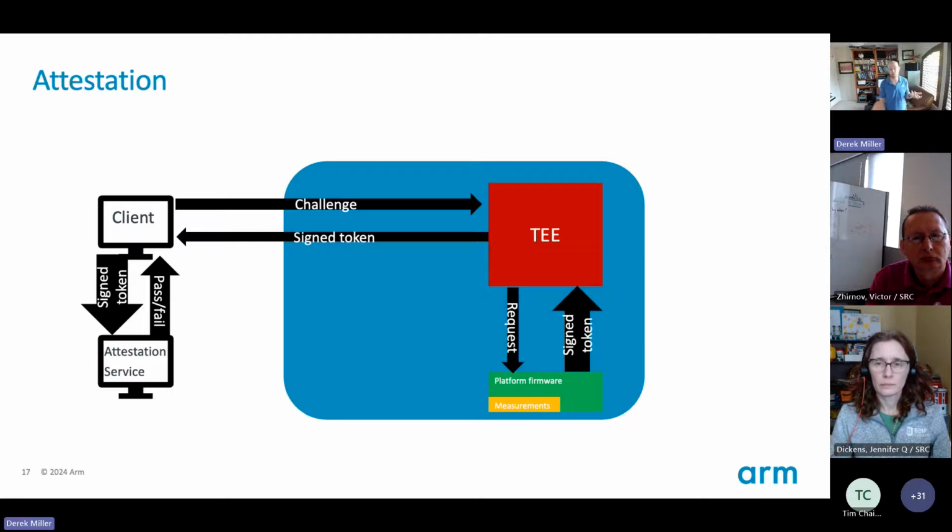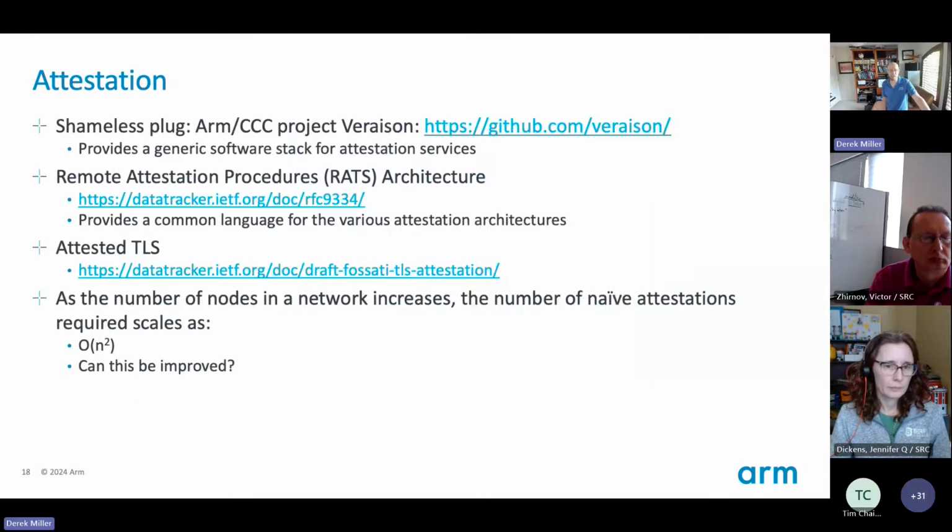And then for future verifications on that exact same platform, you no longer have to go to AMD's attestation service. For ARM CCA, it's effectively dependent on the manufacturer of the part. So attestation is a complicated topic.